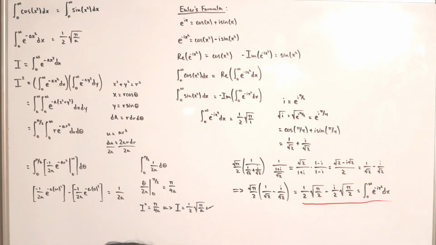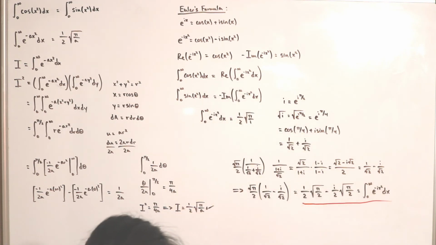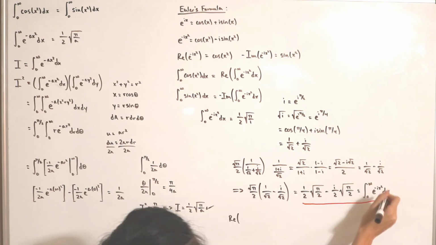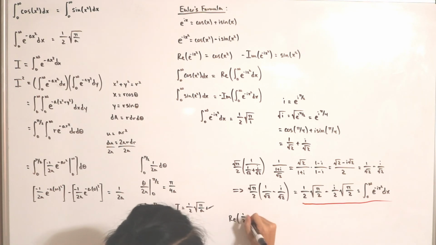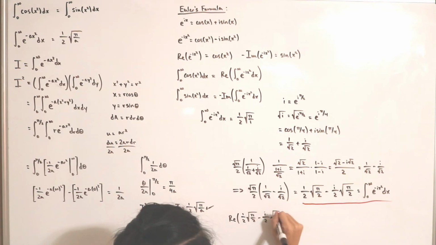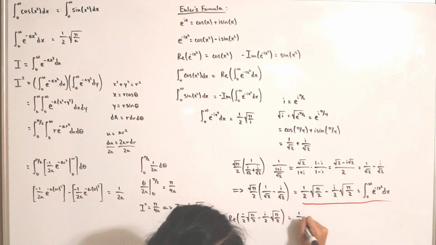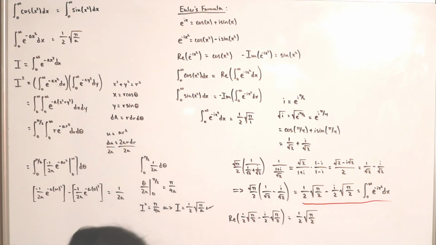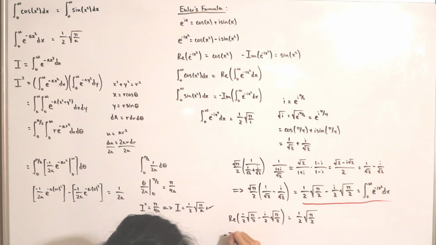Now that we have that, all that's left is to take its real and imaginary parts. I'm going to substitute our integral with the evaluated value, 1/2 square root of pi divided by 2 minus i times 1/2 square root of pi divided by 2. The real part is simply 1/2 square root of pi divided by 2. Now we take the negative imaginary part of that same integral.